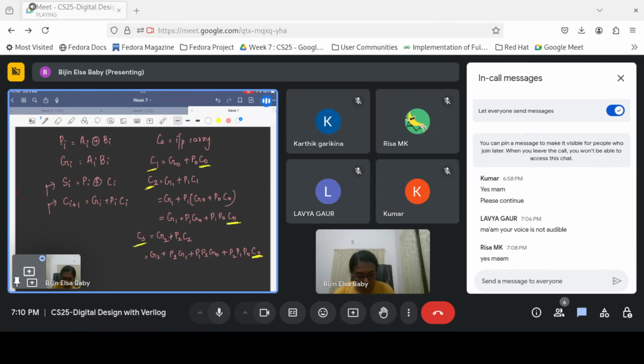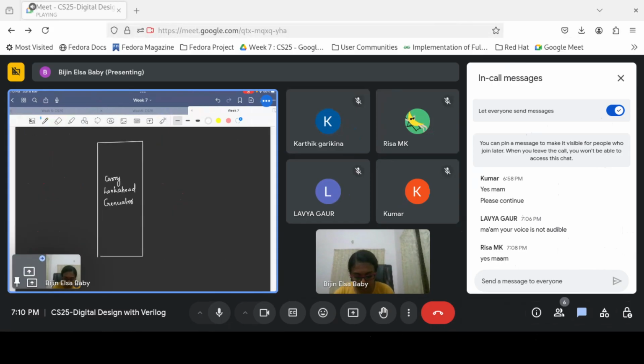So when you draw the diagram for this, you will have a two-level logic design, and here you will have the half adder outputs. That is, we are going to take them to generate the carry independently. So if it is a 4-bit carry lookahead adder, then you will have bit 3.